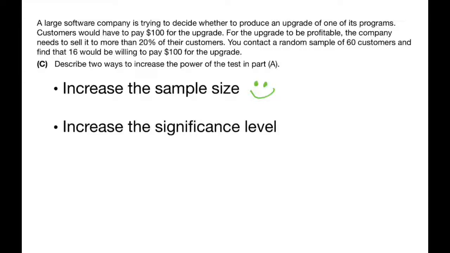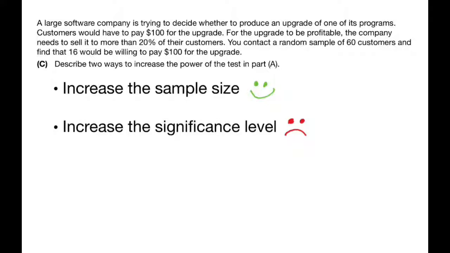And then we could also increase the significance level, but it's generally not a good idea, because if you increase the significance level, that is single-handedly increasing the likelihood of a type 1 error. So yes, they both increase power, but increasing the significance level isn't a great thing to do necessarily.